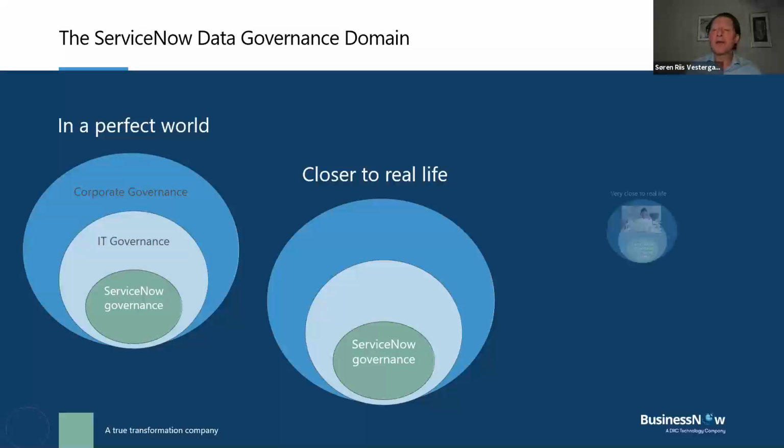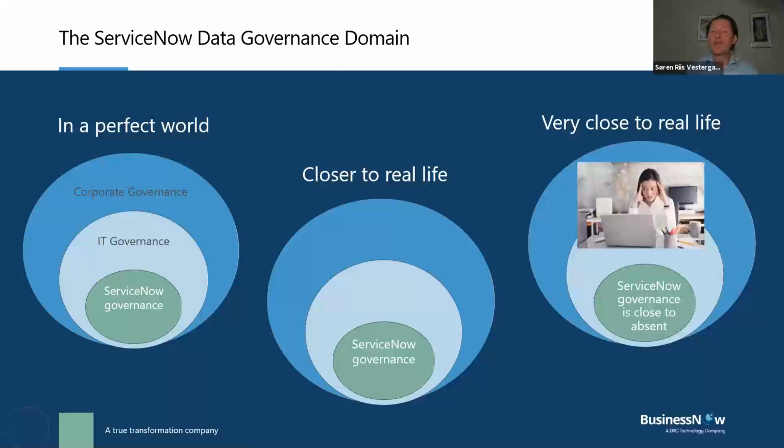And maybe very close to real life is that ServiceNow governance, including ServiceNow data governance, is close to absent. So all ServiceNow customers have a ServiceNow administrator role, but it is not a ServiceNow administrator task to define and enforce ServiceNow governance.